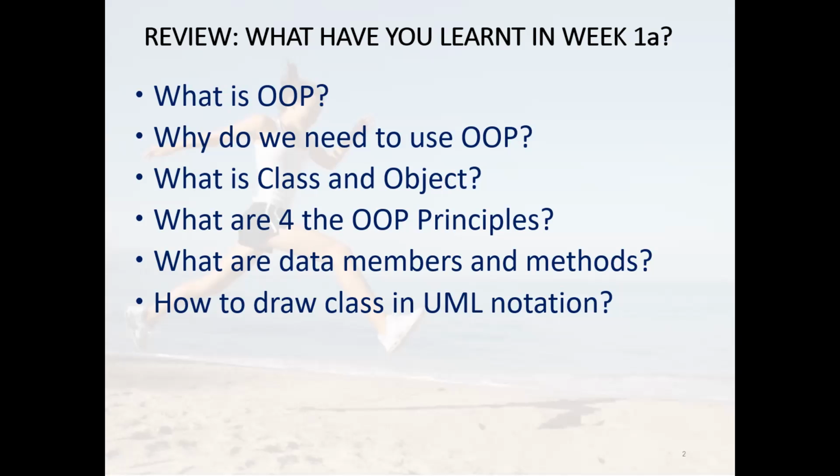As in my example last time, a class can be human, and the objects of human can be Jimmy, Catherine, Kenneth, Akis, and so on. There are four principles that include encapsulation, reusability, and so on.